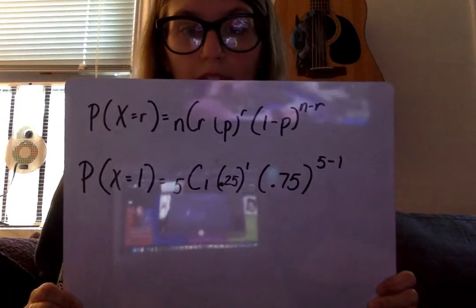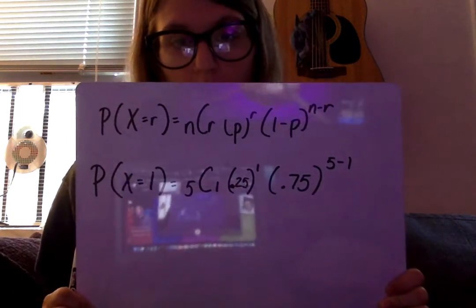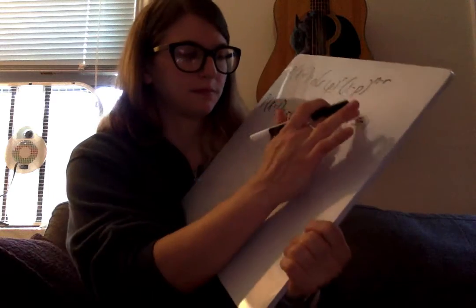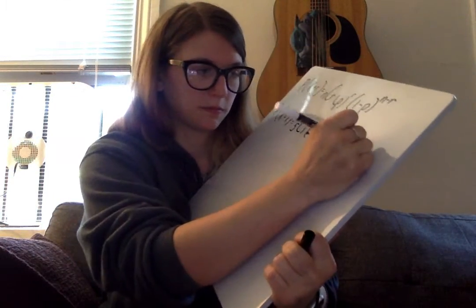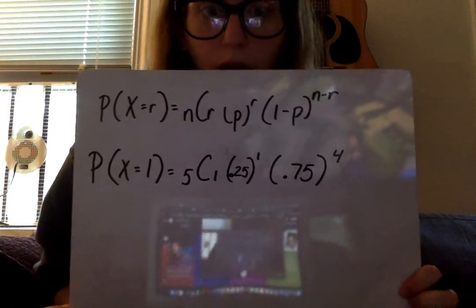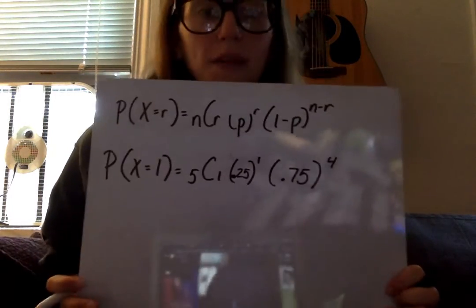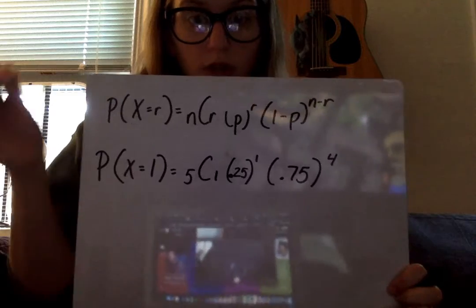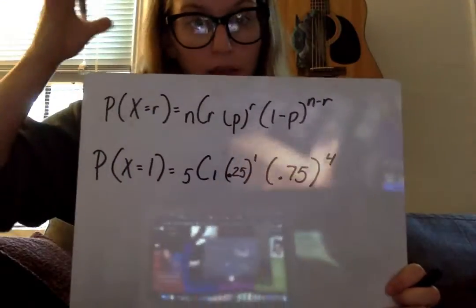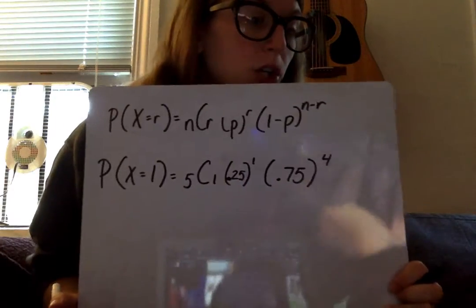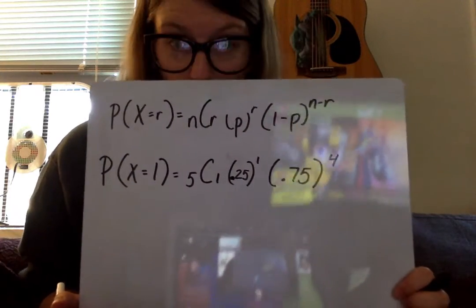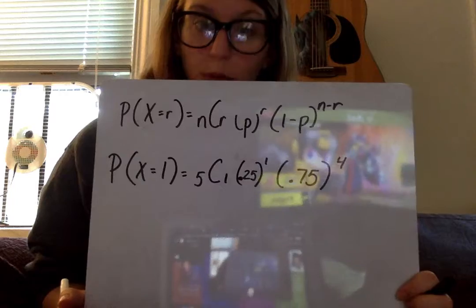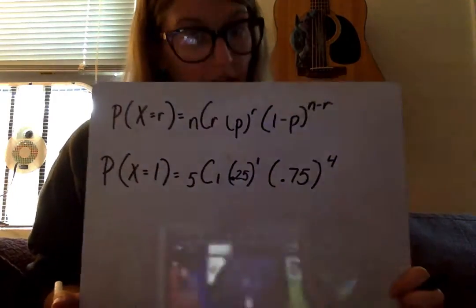Great. And now we're here. What's 5 minus 1? 4. So we've just filled in everything we know, right? And I'm going to reread the question so that you can see this, and then make that connection. You and 4 friends, so 5 people total, are entering a contest where you have a 1 out of 4 chance of winning.